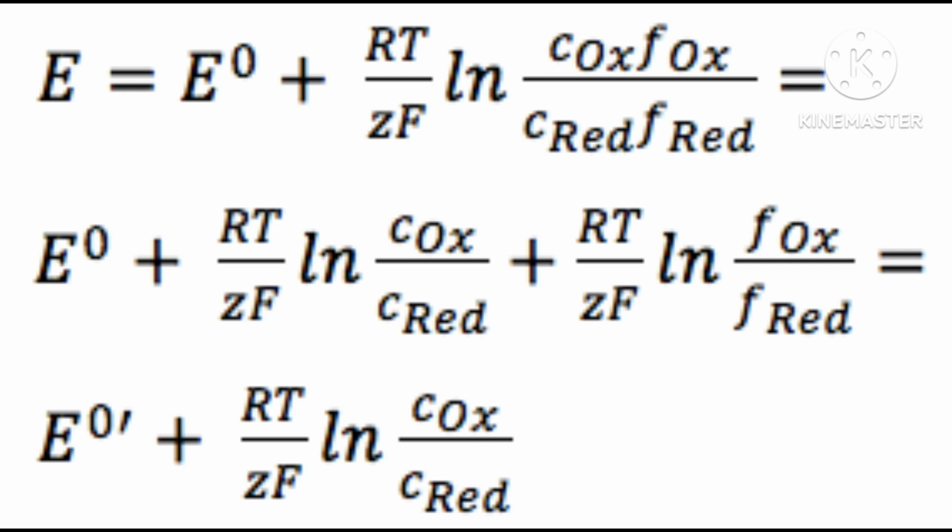E is equal to E naught minus 0.059 divided by n log 1 upon Mn+. The 1 is because for metal the concentration is considered as 1.